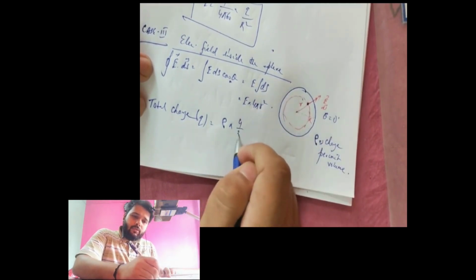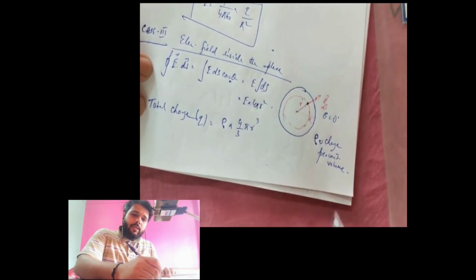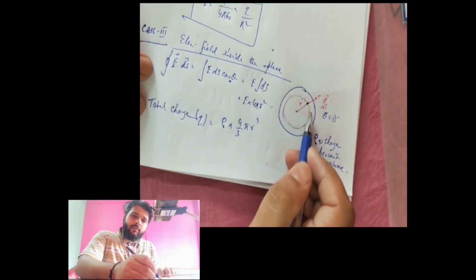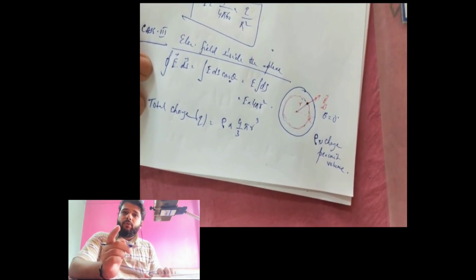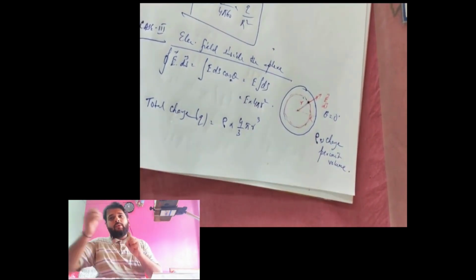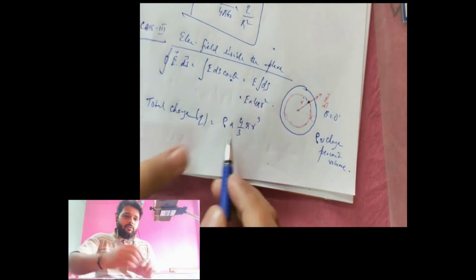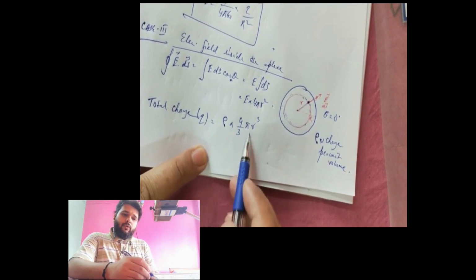So we know the volume of the sphere will be 4 by 3 pi r cube. So 4 by 3 pi r cube is the volume of this Gaussian surface, and rho is charge per unit volume. The charge per unit volume into the total volume will give the total charge. So the total charge here in this case will be rho into 4 by 3 pi r cube.